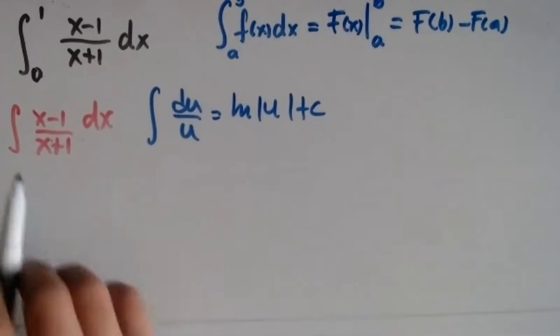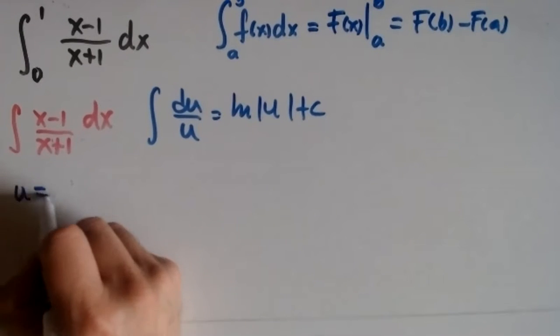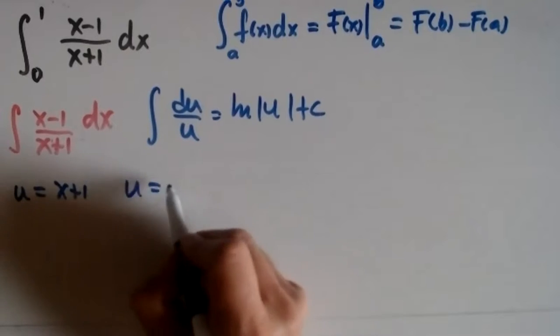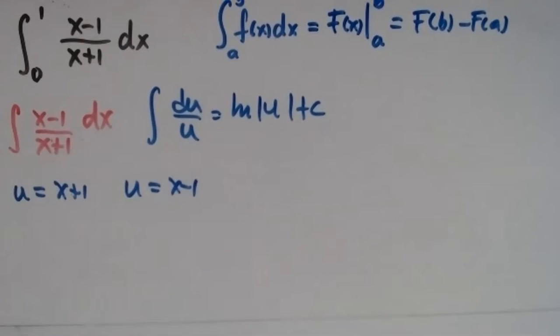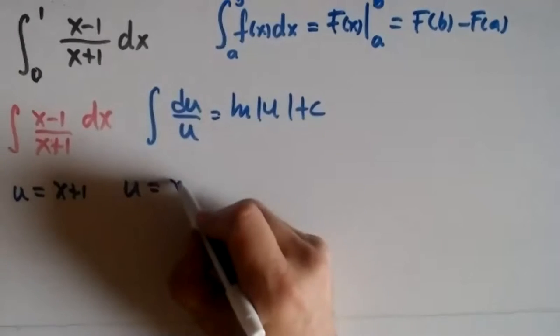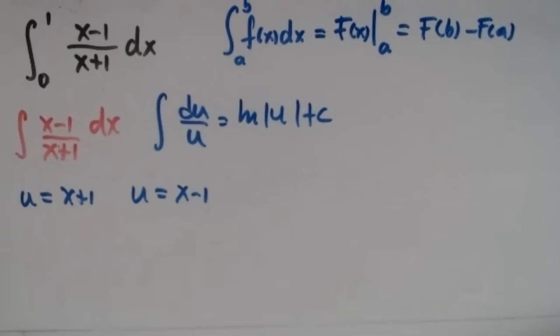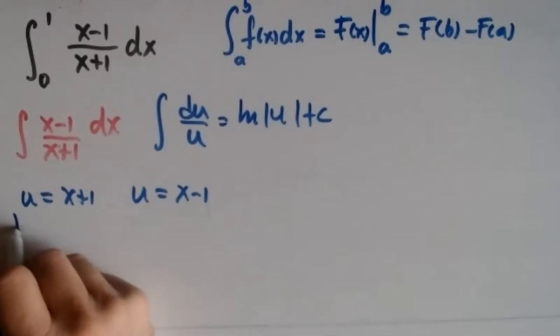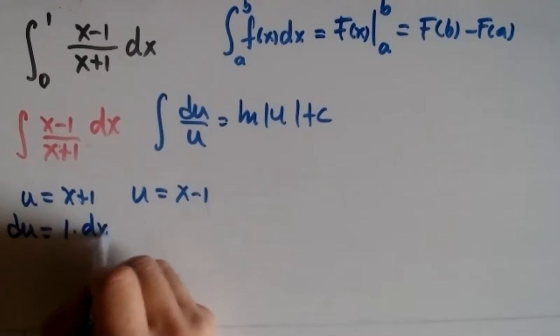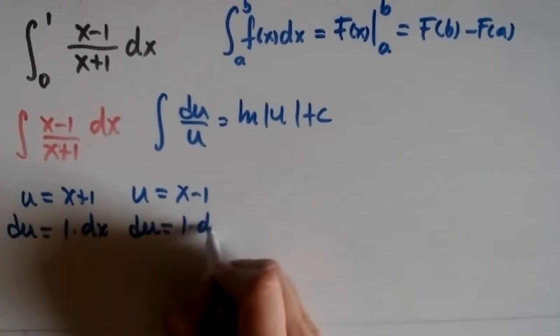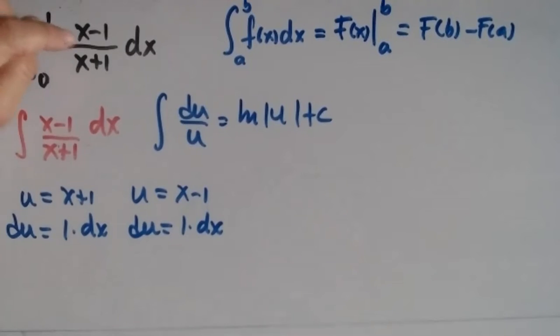Now, I have to do u equals x plus 1 or u equals x minus 1. What do you think is going to work? The bottom one or the top one? Well, let's see. du is 1 dx. du is also 1 dx. They are the same. Now, check your expression. Yeah, here, 1 dx is right here.